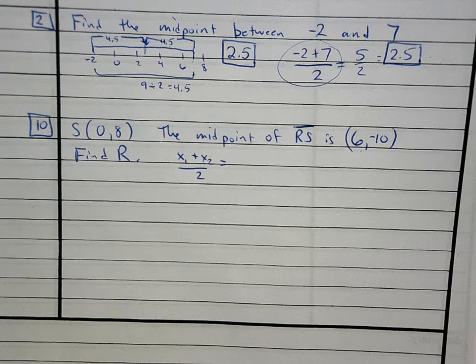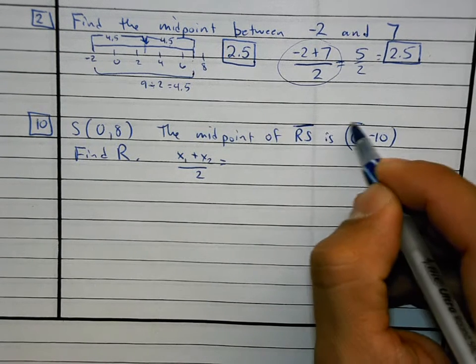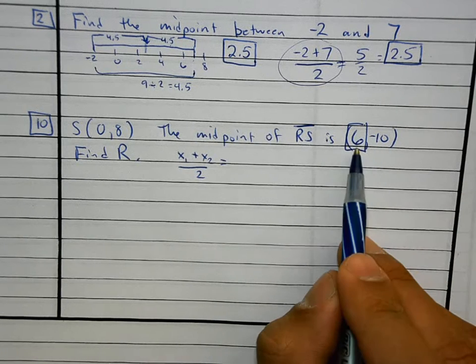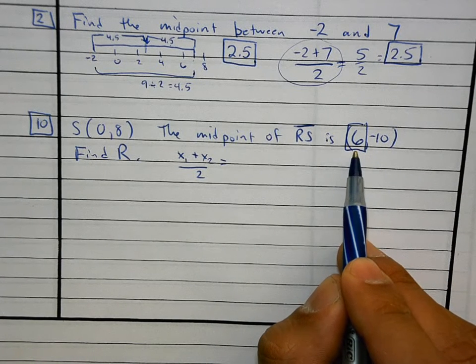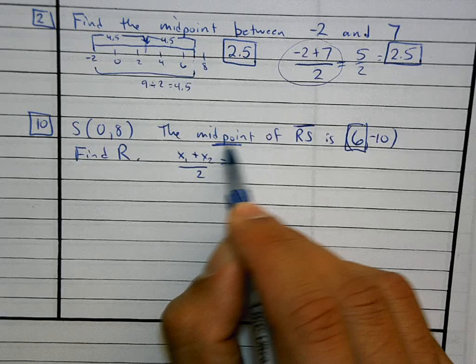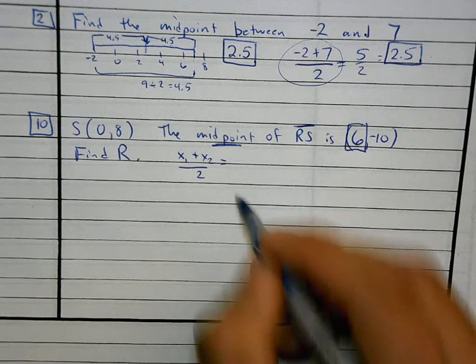So x1 plus x2 divided by 2 should equal the x coordinate of the midpoint. Which one is the x coordinate of the midpoint? Right here. This 6 is our x coordinate of the midpoint, because that's what it says.